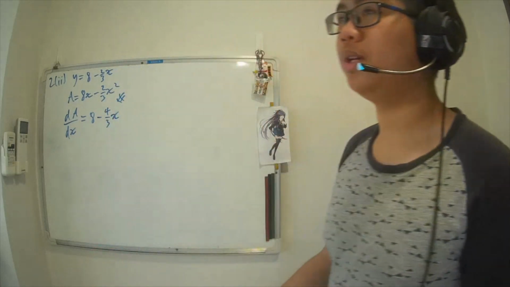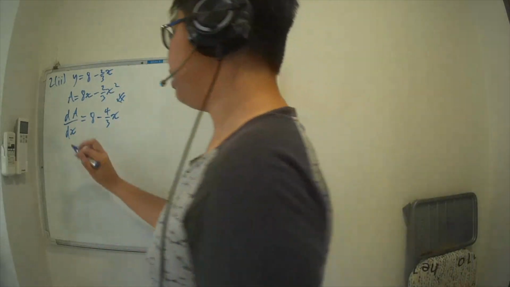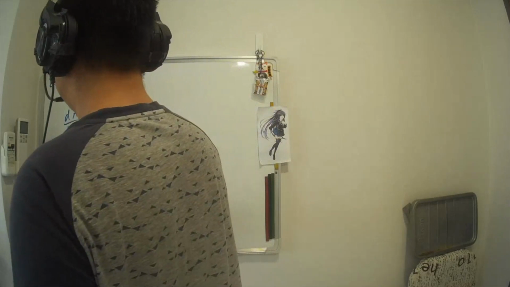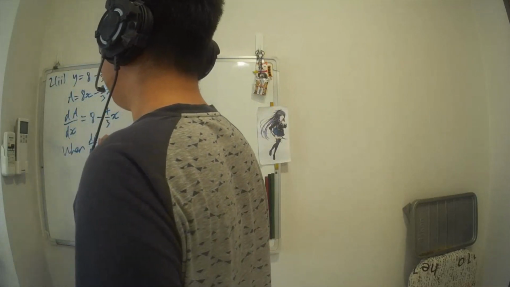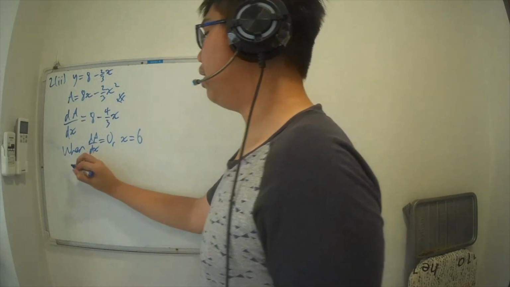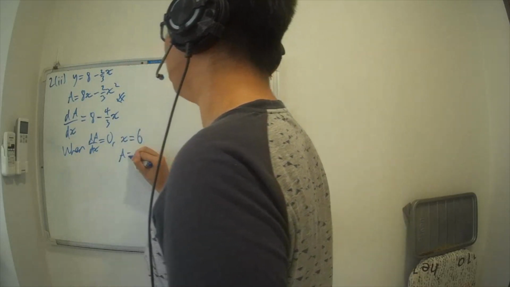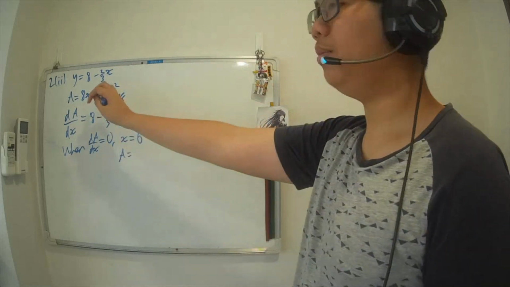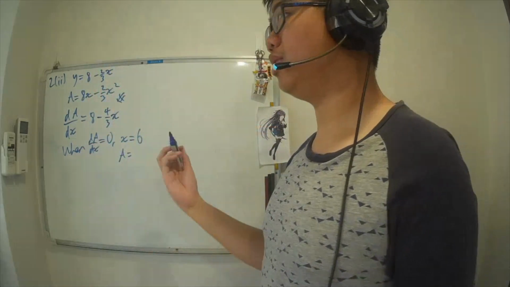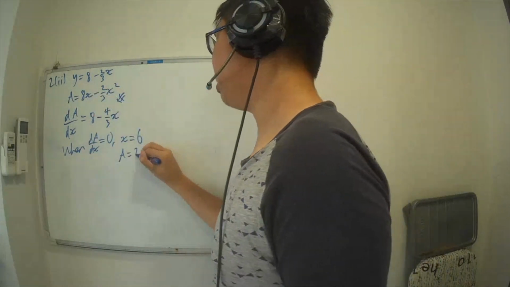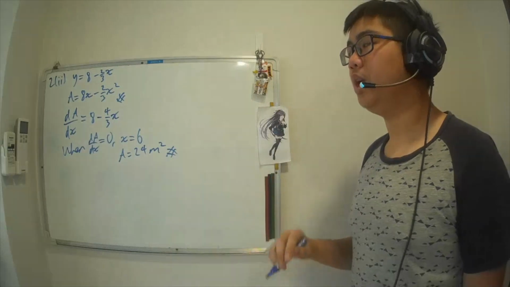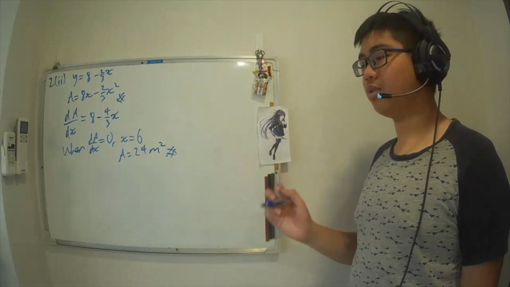And for there to be a stationary point, we want dA/dx equal to 0, which means that x is equal to 6, correct? And then A will be equal to, we sub the 6 in, so we have 8 times 6 minus 6 squared times 2/3, which is 48 minus 24, so 24 square meters. This is the maximum area of the greenhouse.